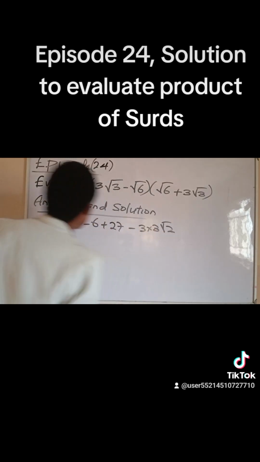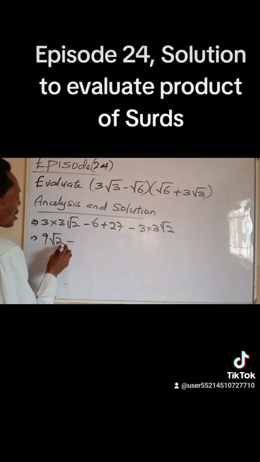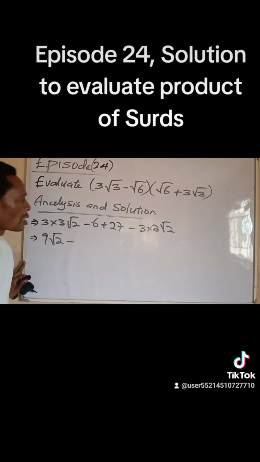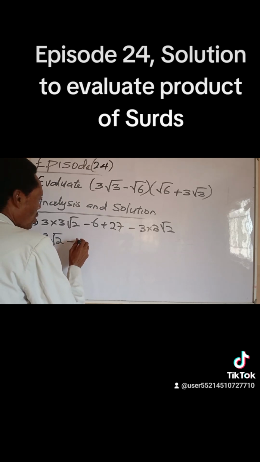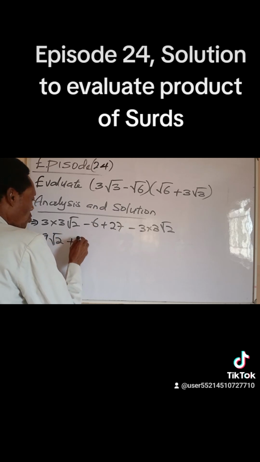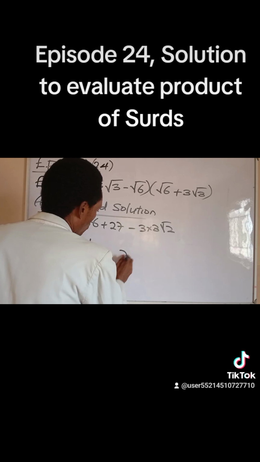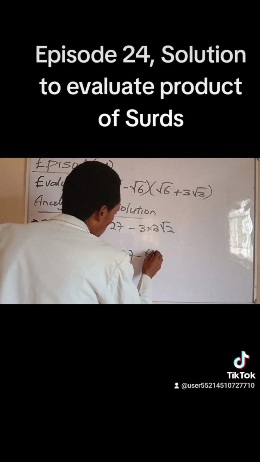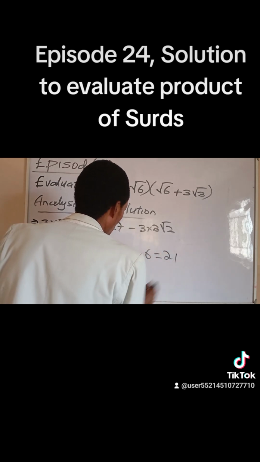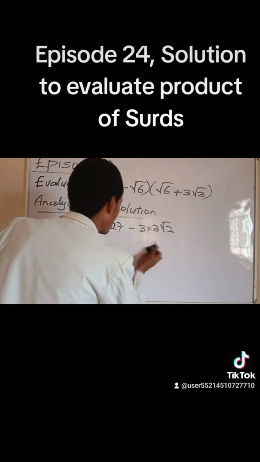The next thing we do: 3 times 3 gives 9√2, minus 6 plus 27, which is the same as 27 minus 6, giving 21.